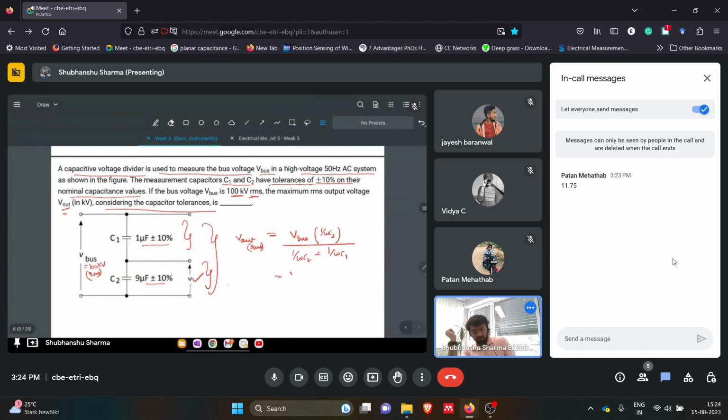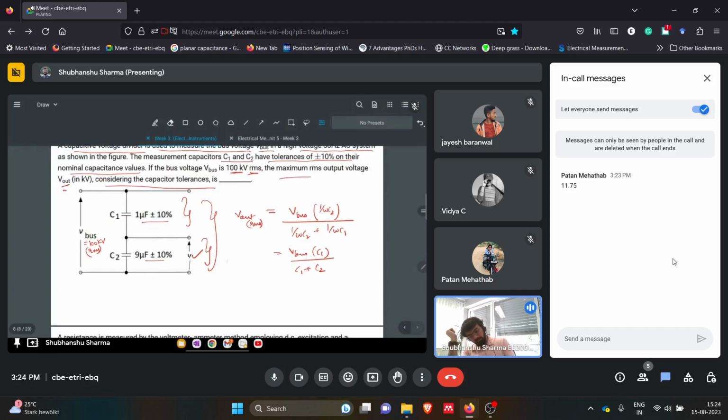So it will be C1 plus C2. Now you need the maximum RMS output. So for that, V bus we know, that is 100k.